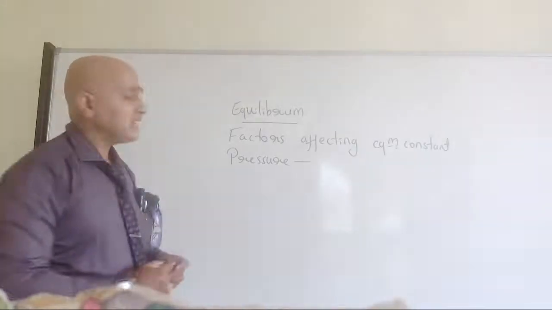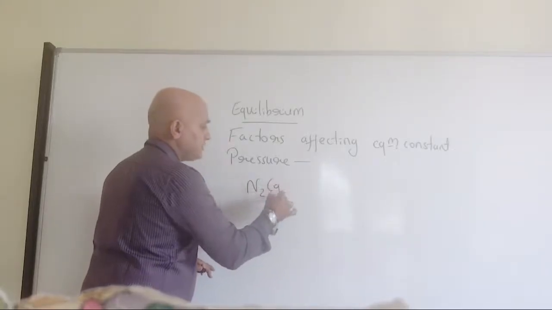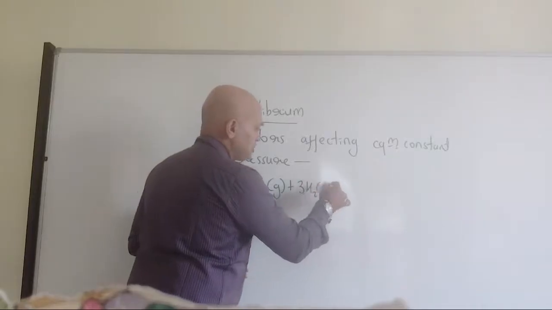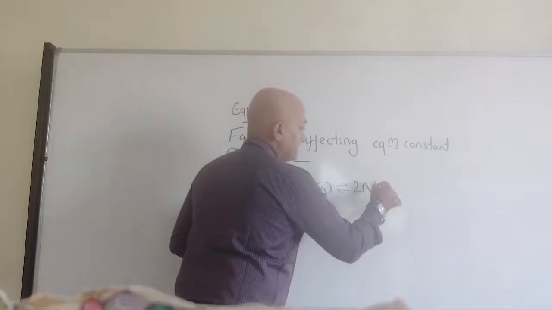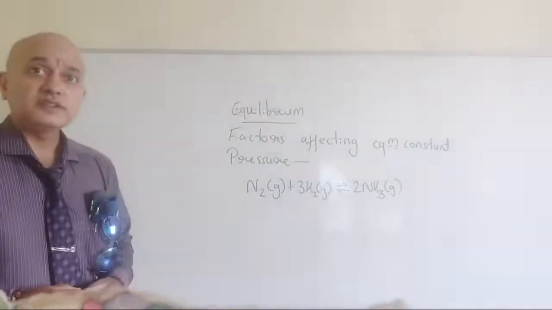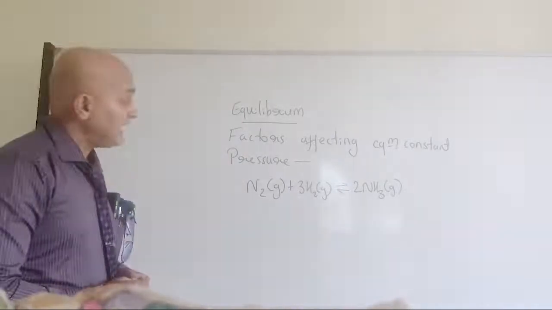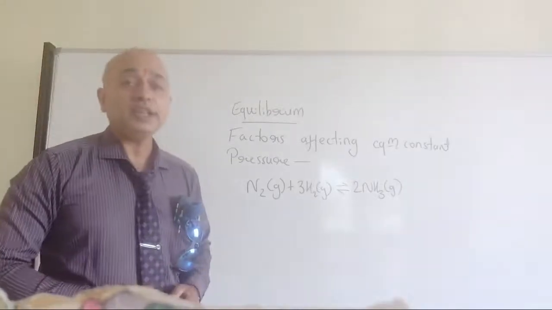The best example for this one is nitrogen, which reacts with hydrogen to form ammonia. This is nothing but the Haber's process, where nitrogen is reacting with hydrogen to form ammonia.